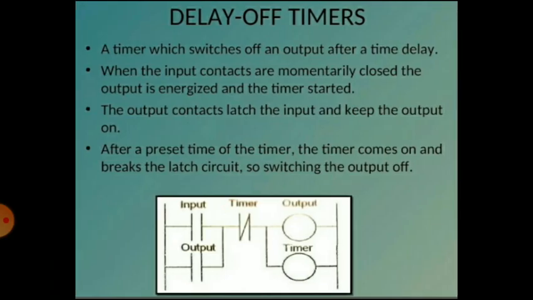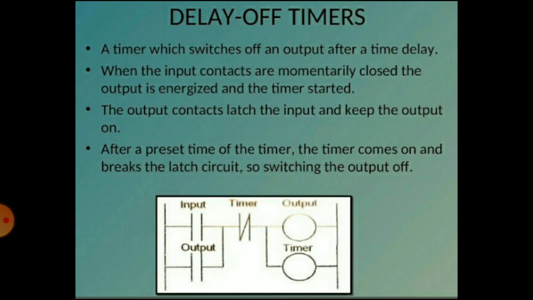Then delay off timers, or TOF. In this, when the input switch is closed, the contact would energize the timer and hold the output for a specified set value of time. The action of TOF is to delay the switching off of the output.